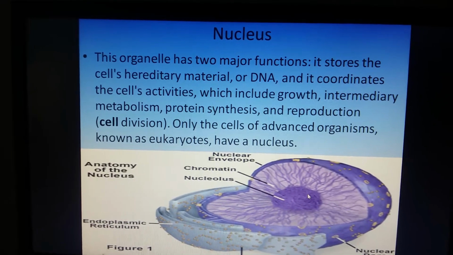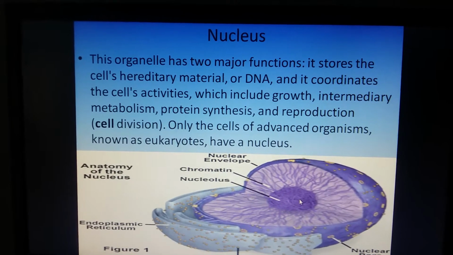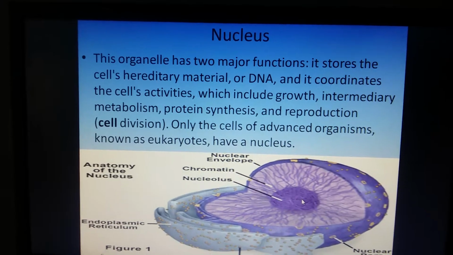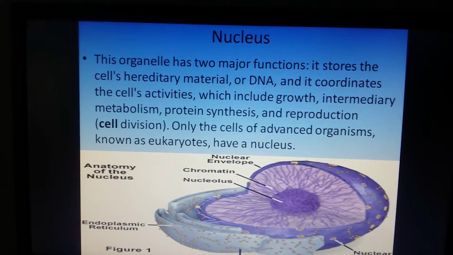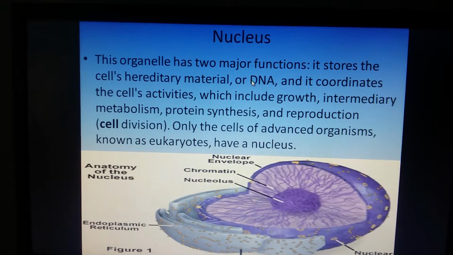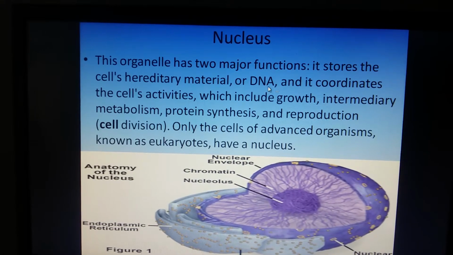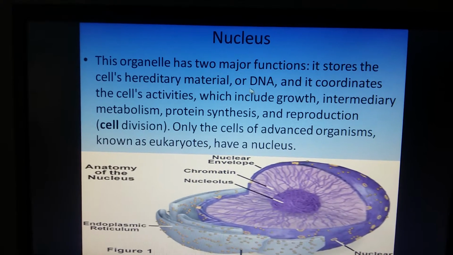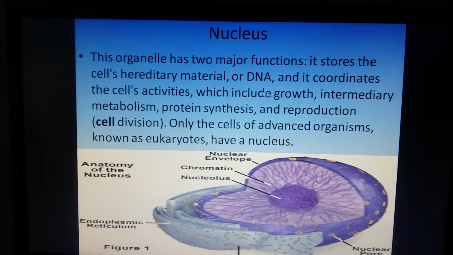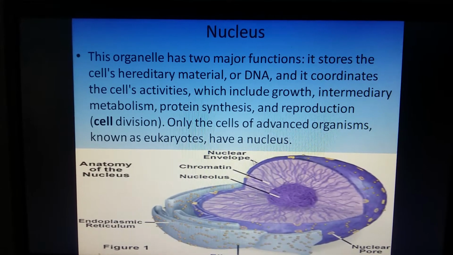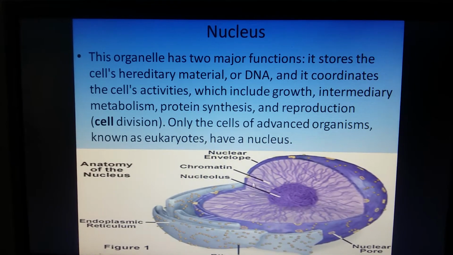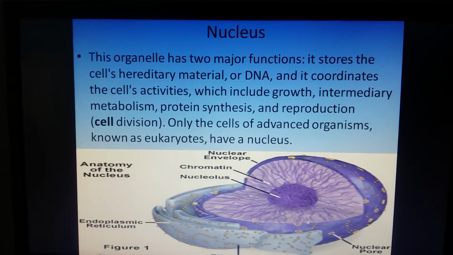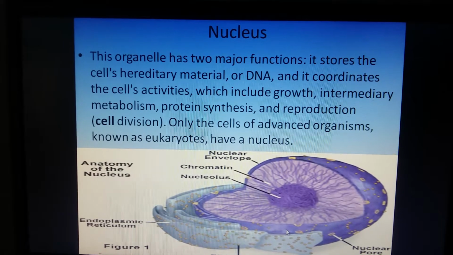This organelle has two major functions. It stores the cell's heredity material, the DNA, the deoxyribonucleic acid. You will study about DNA in your further classes. But for now, you can just remember that the nucleus contains heredity material or DNA and it coordinates the cell's activities.